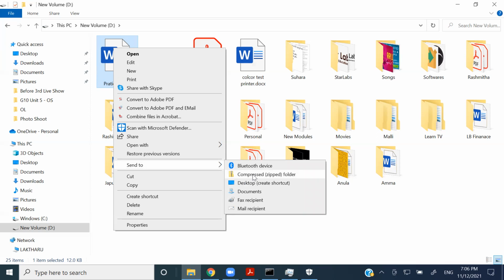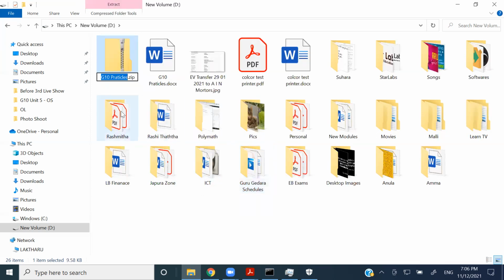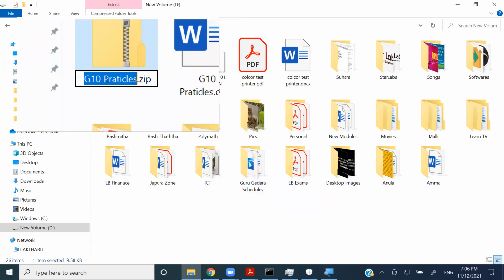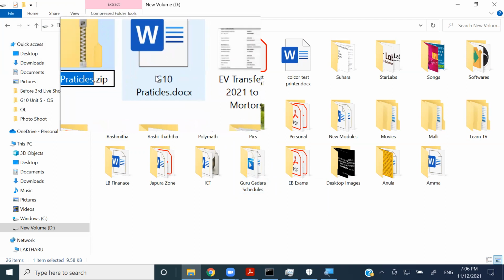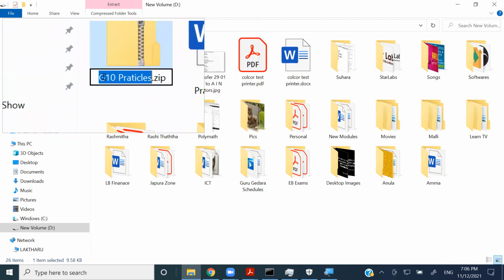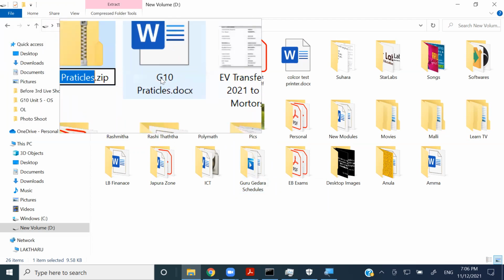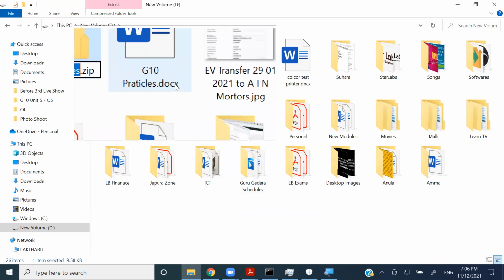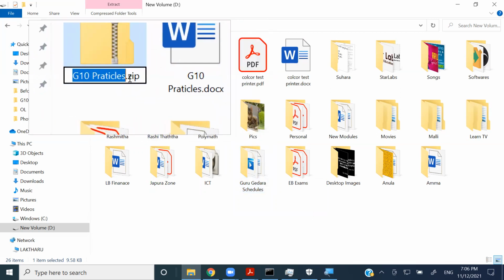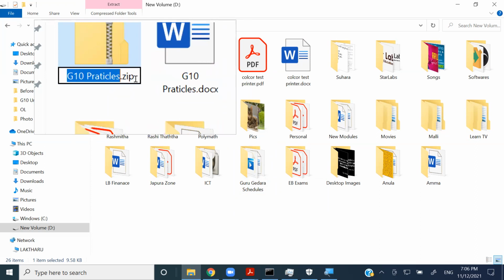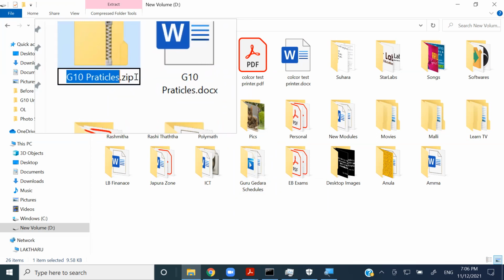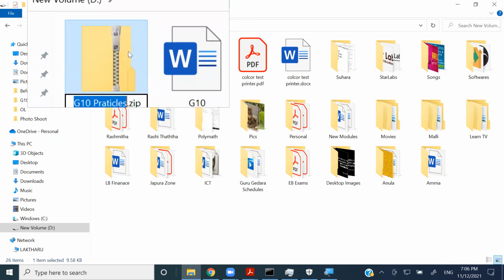It has the same name, G10 Practicals, but this has a docx extension and this has the zip extension, right? So a zip folder means it is a compressed folder.